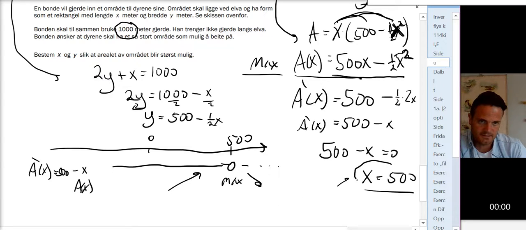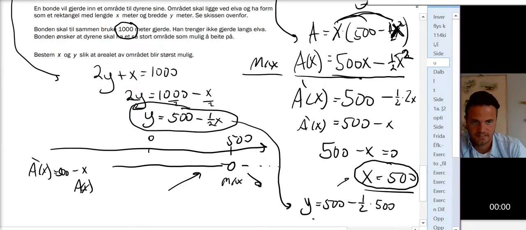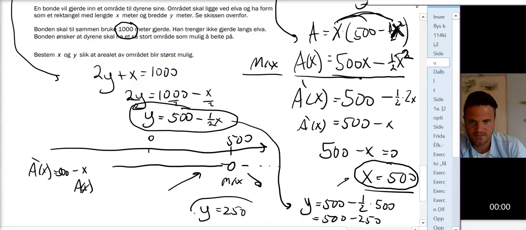So we know that the area is maximized when x is 500, and then we just need to find y, and we know that y, the other side of the fence, is 500 minus 1/2 times x, which is 500. So I get 500 minus 250, so we get y is equal to 250.